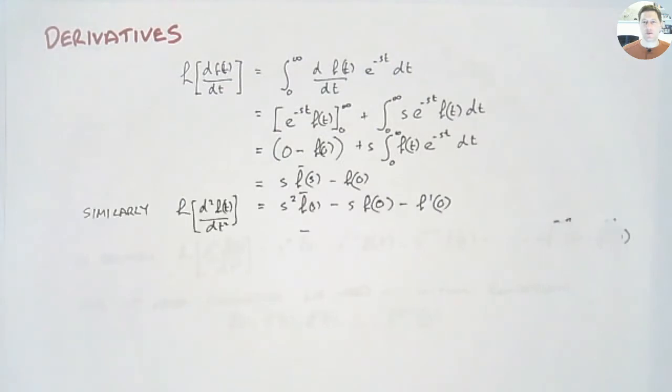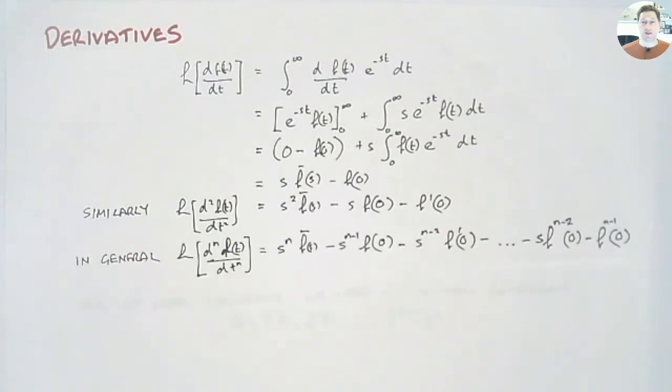That's really nice and simple, and that simplicity extends across higher order differentiations, so d2f by dt squared. Now we've got s squared multiplied by the Laplace transform of f, minus s f of 0, minus f dash of 0, so that means the first derivative at value 0. So we've spotted a pattern here, and it continues as the order of the differentiation increases.